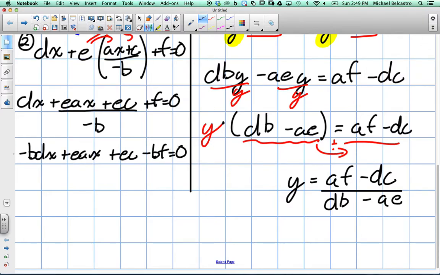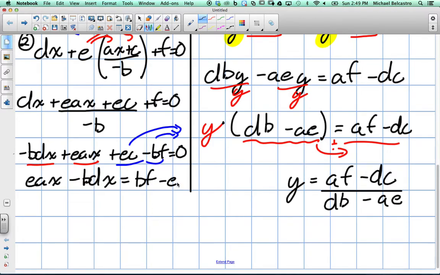Again, we'll keep our variables on the left side, and we're going to move our constant terms to the right. This will end up being, I'm just going to rearrange them, so eax minus bdx is equal to, and bf will become positive, and ec will become negative.